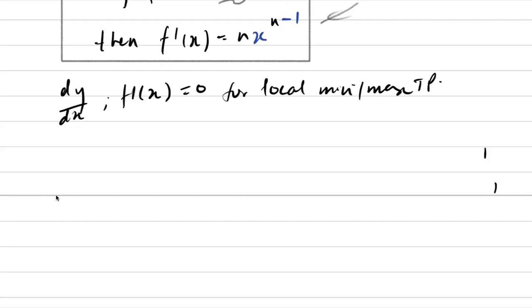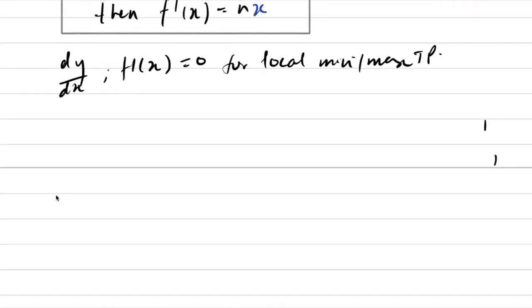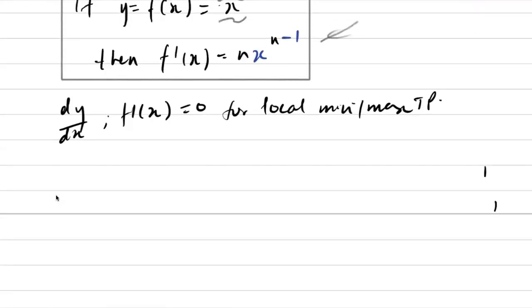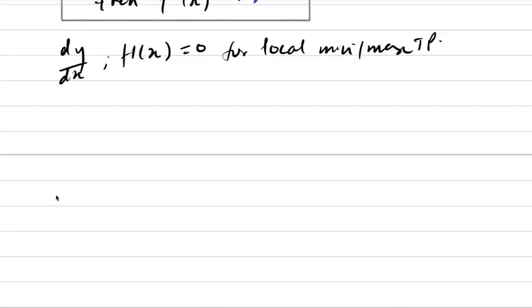So whenever we get a local minimum or maximum turning point, our dy/dx is going to equal 0. Does that make sense? Yeah, it makes sense. So we're going to take that gradient, 3x squared minus 8x plus 4, and equate it to 0.